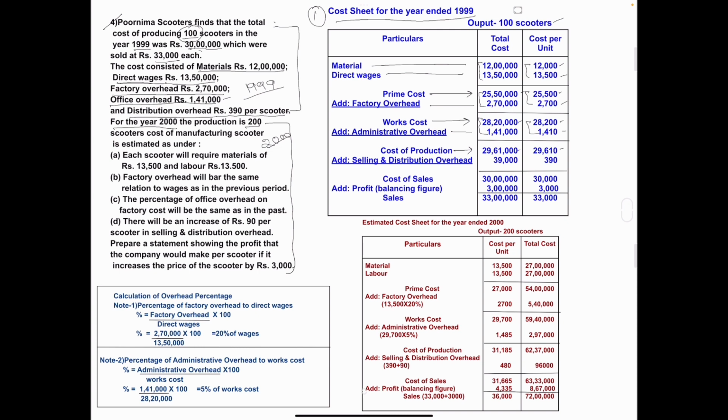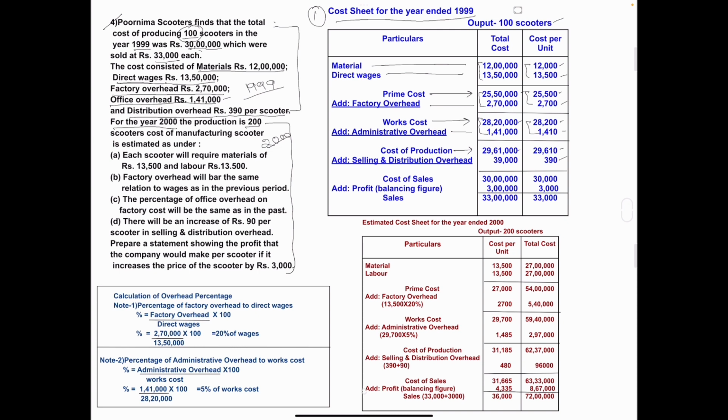So first write in per unit column, selling and distribution. See in the problem, add selling and distribution overhead. First we have to write in per unit column 390, because they have given information related to per scooter. Selling overhead per scooter is 390. For the total, what we have to do? 390 into 100. To get the total amount, we have to multiply it, and to get the cost per unit amount, we have to divide.